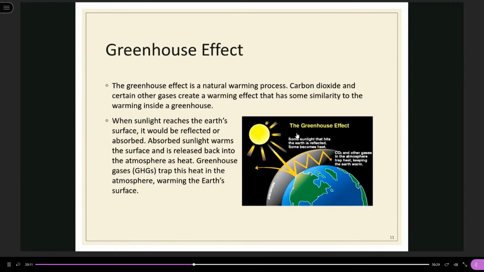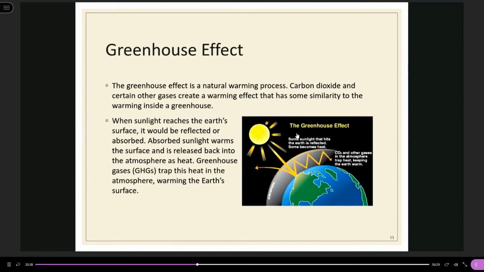Okay, so before we study the carbon footprint, maybe we should talk about the greenhouse effect. So the greenhouse effect is the reason for global warming. So the greenhouse effect is a natural warming process.